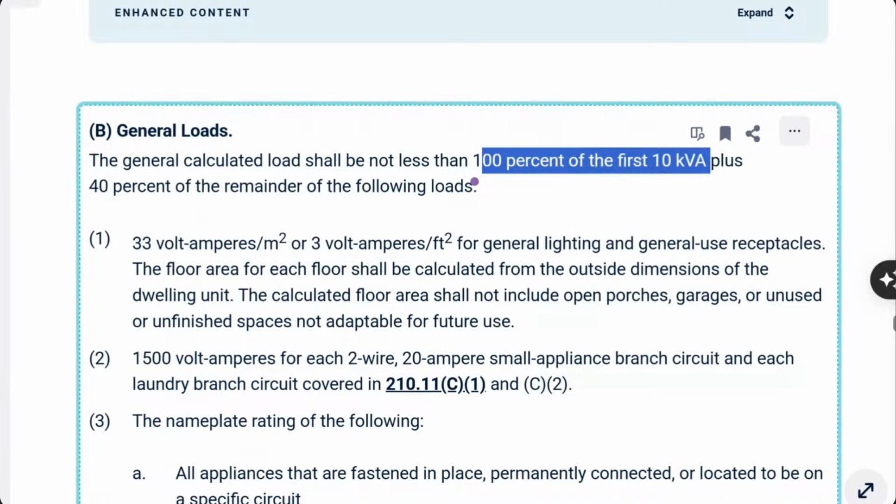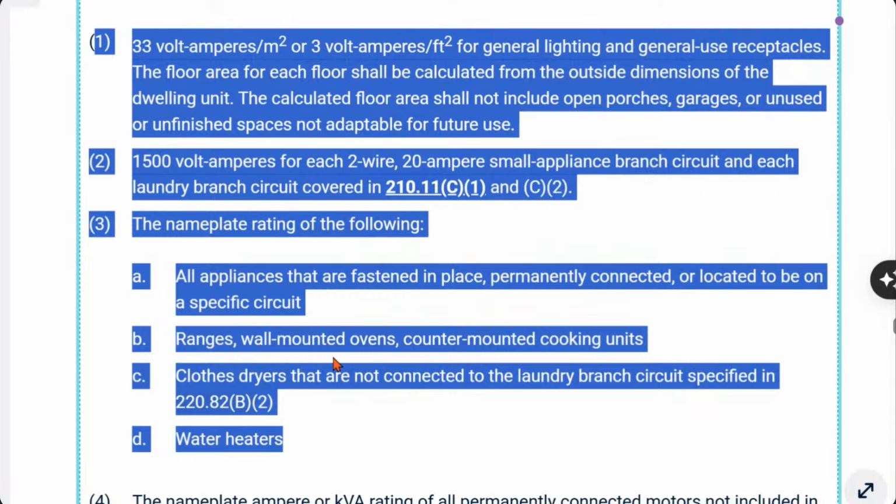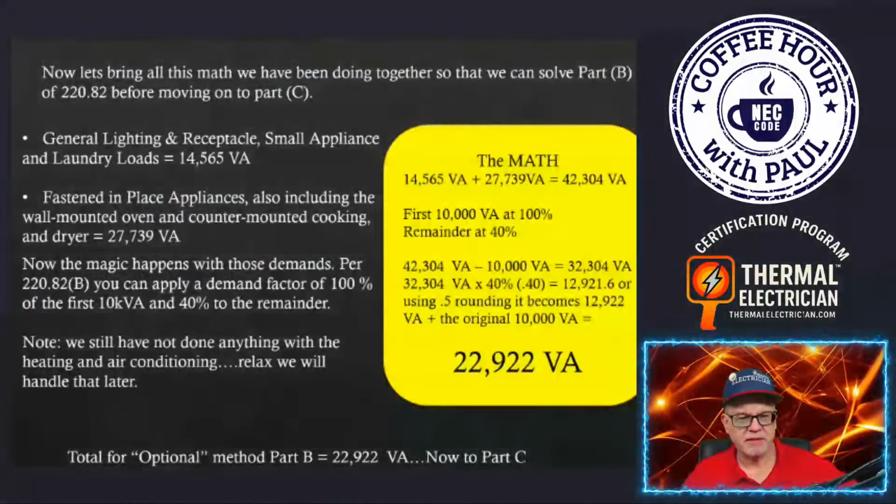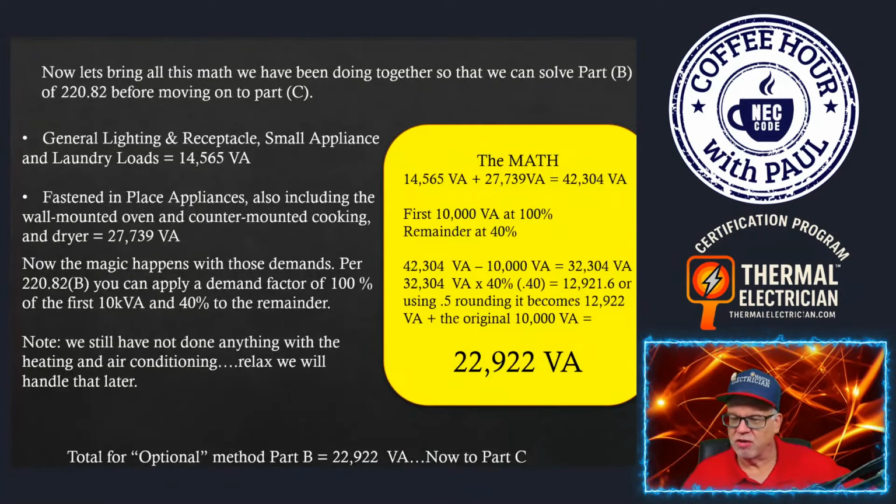And that was all of these right here that we just did. Remember, we added the water heater, all the fastened-in-place appliances, the ranges, in this case a cooktop and oven, and then we added the clothes dryer. So we've taken care of all of this in our math. We've done it all.